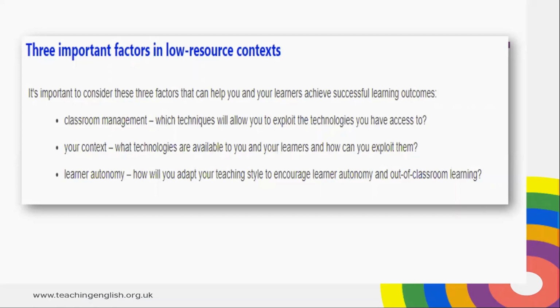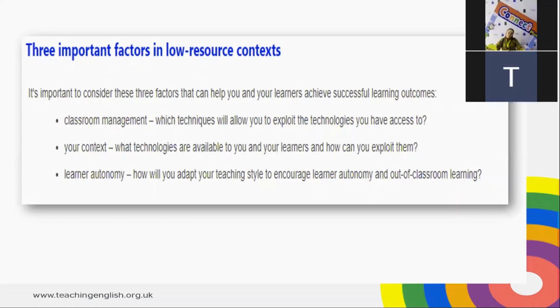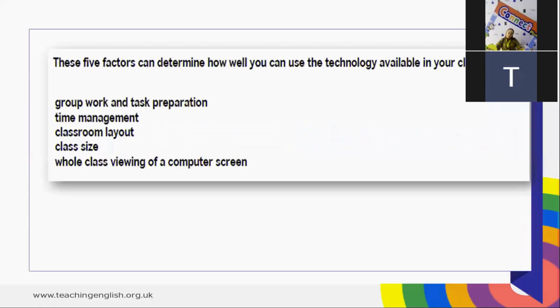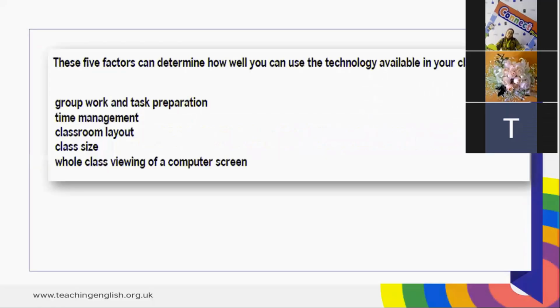And again, by low resource context, it means that a context that doesn't have a lot of technology, but the minimal level of it. Let's move into the first part or the first factor, which is classroom management while using technology. Let's talk about it. And there are 5 factors that are related to classroom management.